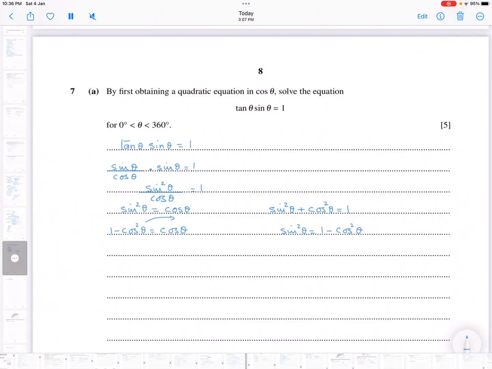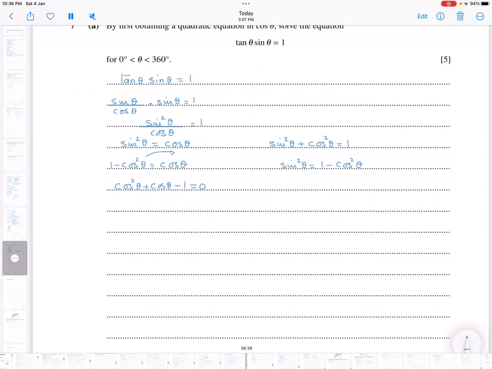Now everything goes on the other side, so it becomes cos squared theta plus cos theta minus 1 equals 0. This is a pure quadratic form. So a is equal to 1 because we cannot make factors, b equals 1, the coefficient of cos theta, and c is equal to minus 1.